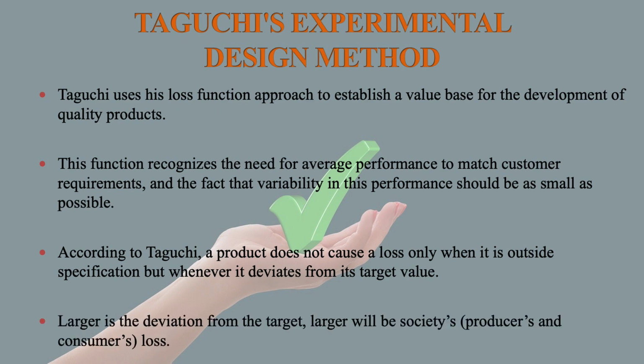The larger the deviation from the target, the larger the society's loss, whether it is the producer's loss or the consumer's loss. So Taguchi says that even if a product is within the specification limits, when it deviates from the target value, it creates a loss to the producers and consumers.